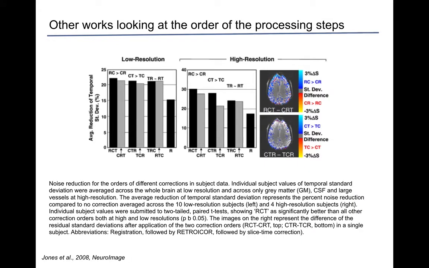There's also this work which looked at what's the best order when you want to do retro core motion correction and slice timing correction. They found that for both high resolution and low resolution images, doing retro core first and then time shift correction at the end helps.